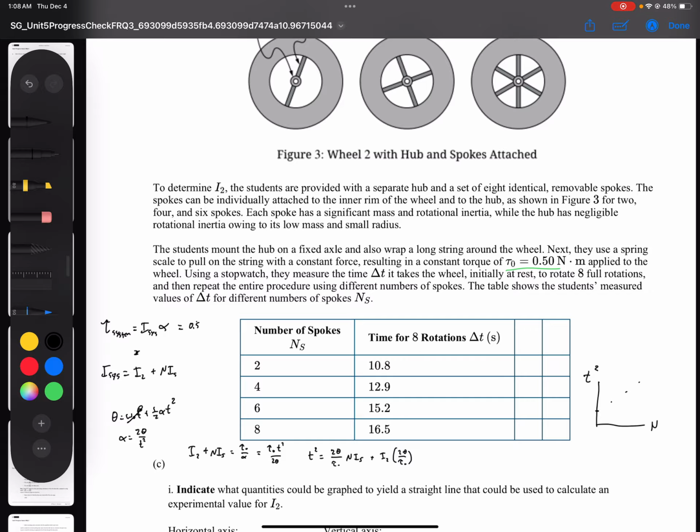To get to 8 rotations. It should take even less time if there's no spokes on it. So there's going to be this y-intercept here. This is going to give me a straight line relationship by virtue of that, this is a linear equation, right? So I have here this slope here, right?